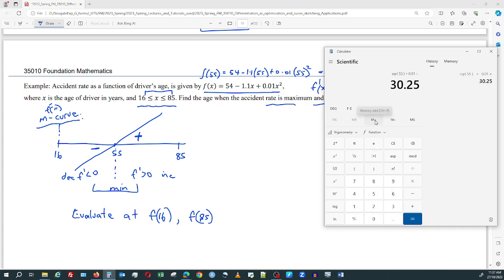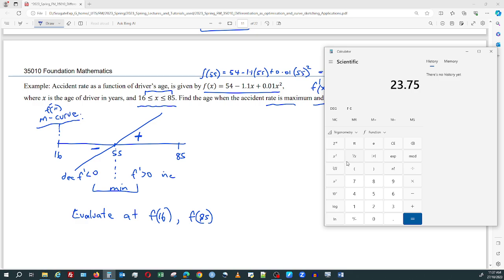Okay, so put that in the memory. 55 times 1.1 minus is equal to, so we'll add that into the memory, and 54 was the other thing, so we'll add that into the memory. All my sweeping away and clearing, I mean to press memory recall.